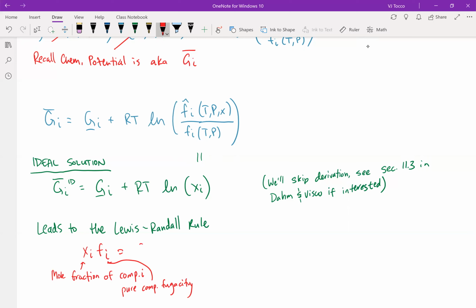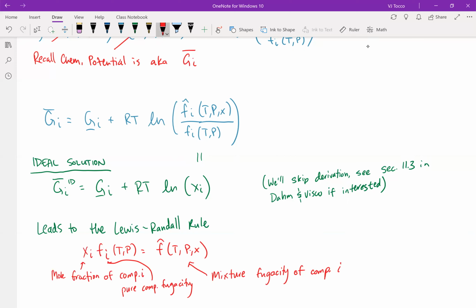This is equal to the mixture fugacity of component I. Also, don't lose track of the, I'm going to keep the subscripts. So F hat at T, P, and X is equal to the mixture fugacity at T, P, and X, mixture fugacity of component I.